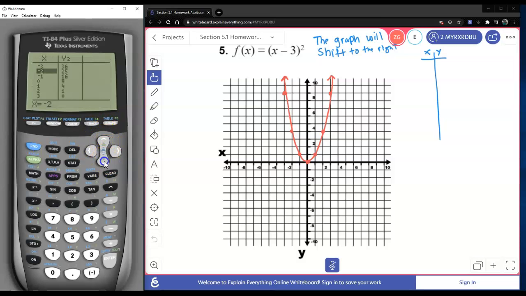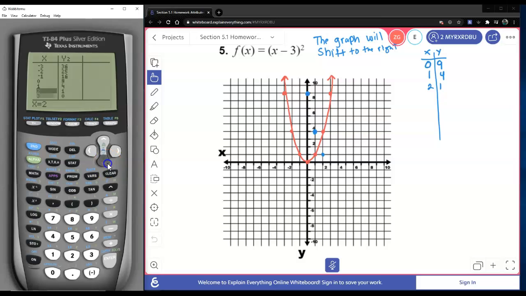And you notice, whoa, it goes pretty high quickly. So we're going to start with 0, 9. So I'm going to write 0, 9. The next one is 1, 4. Then we have 2, 1, and I'll write 2, 1 over here.